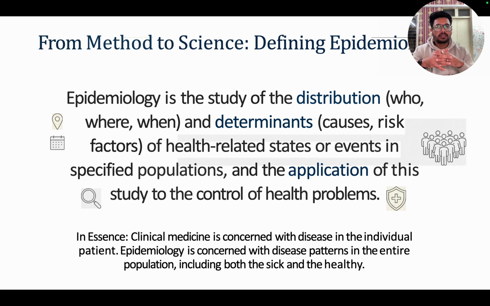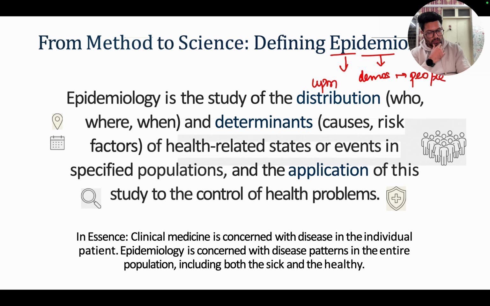Now let us study a bit about epidemiology. What does the term epidemiology mean? Epi means upon. Demio comes from a term called demos, that means people. And logy means study. So epidemiology is basically the study of distribution and determinants of health-related states or events in a specified population and the application of this study to control of health problems.